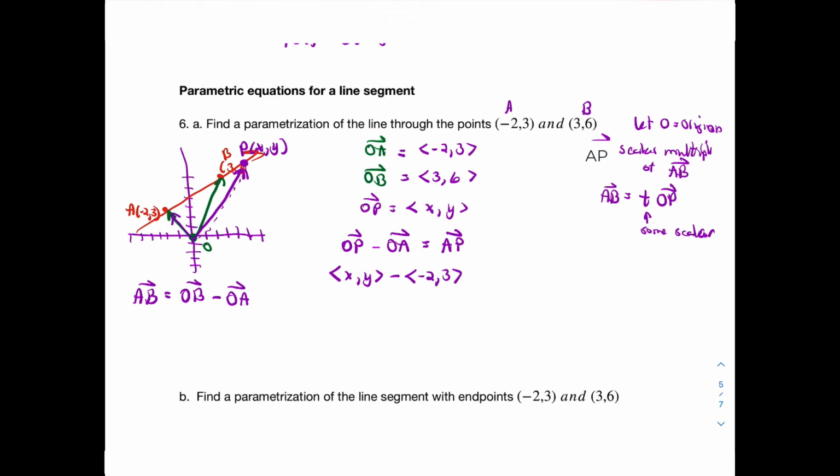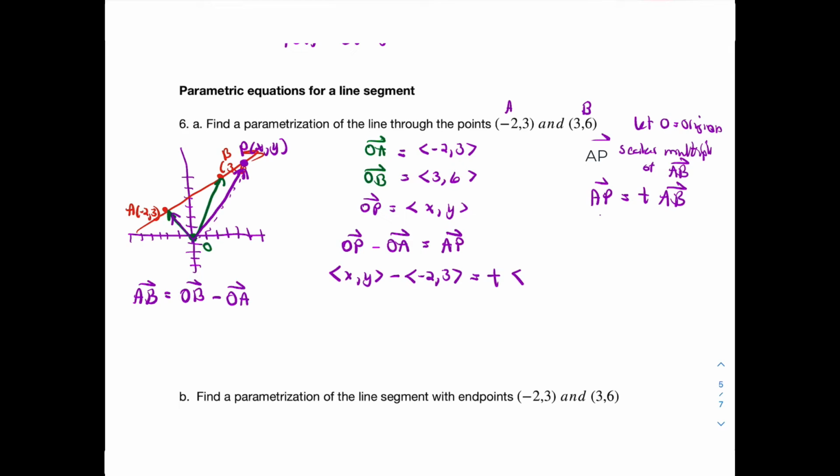So plugging in our component forms, I get the vector x, y minus the vector negative 2, 3 is equal to t times the component vector for AB, because AP is a scalar multiple of AB. That's where the t comes in. That's how we're introducing the variable t. I'm going to let t be that scalar multiple.